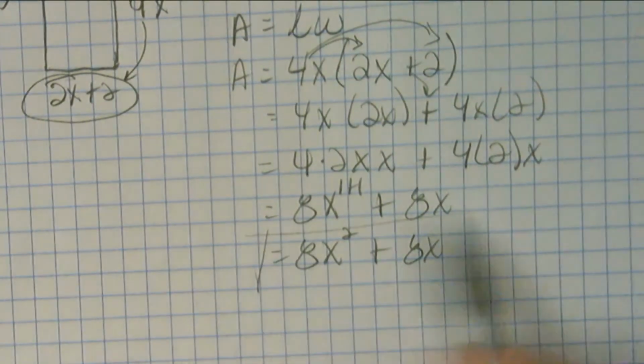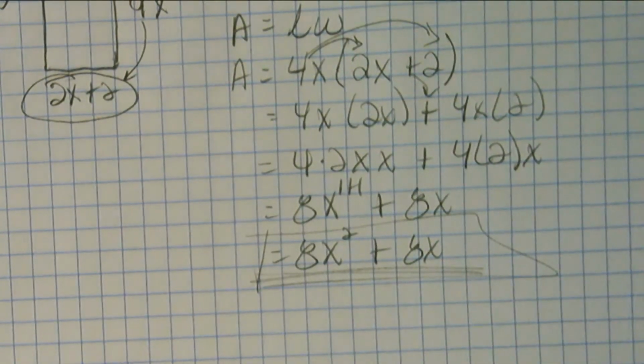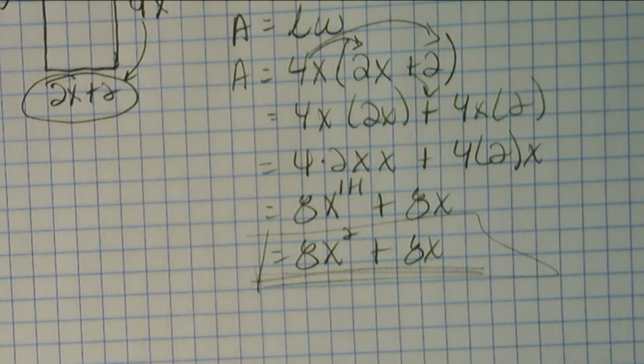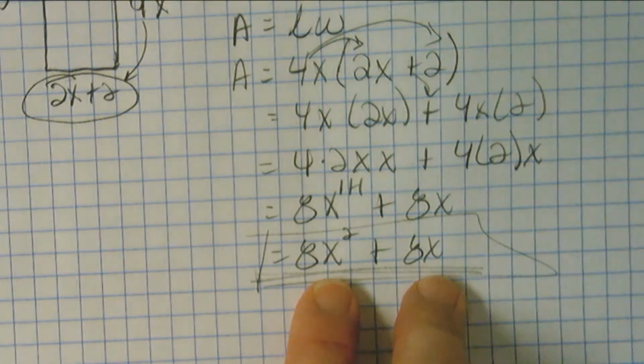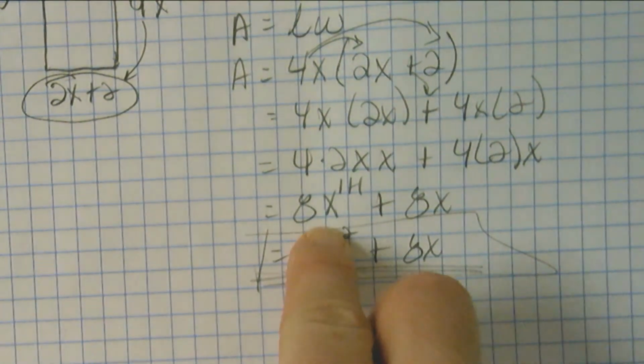Can I add 8x squared and 8x? Come on, you all should know the answer to this. Can I add those together? Layla? Why are they unlike, sweetie? Exactly. I cannot add these together because this is 8x squared.